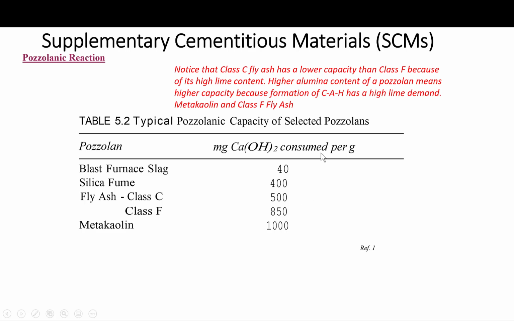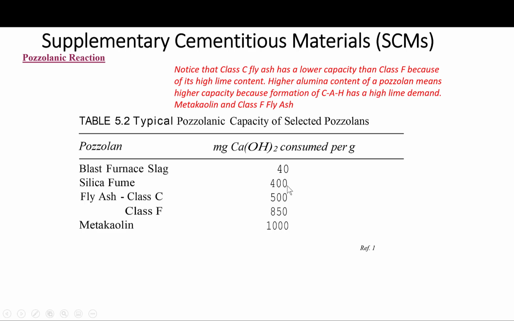The higher alumina content of a pozzolan means higher capacity because of the formation of calcium aluminate hydrate phases. Look, this is actually easily demonstrated in the case of the Class F and the metakaolin.